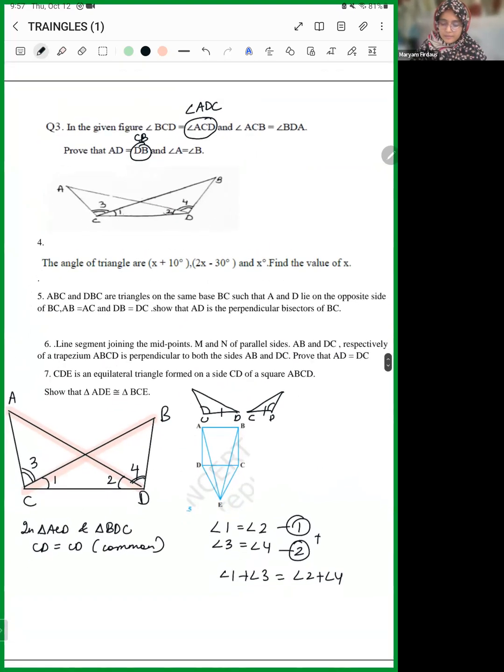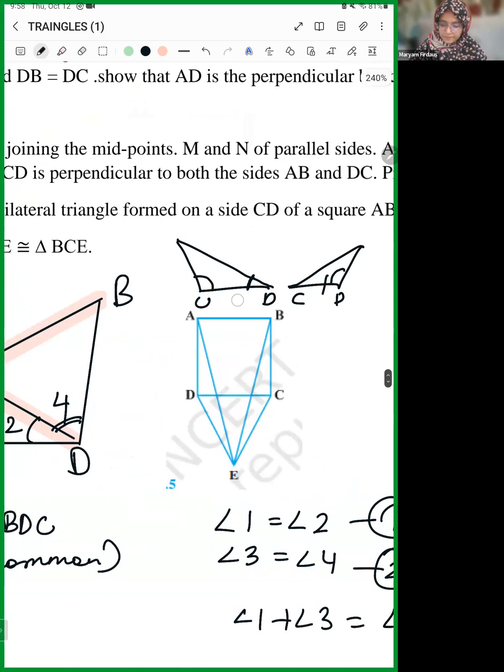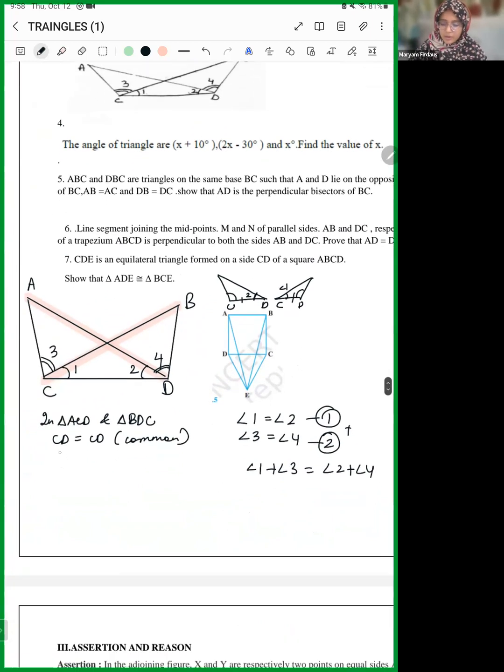And what else? This over here is your angle 2, and this right here is your angle 1. So here you have angle 2 is equal to angle 1, given.